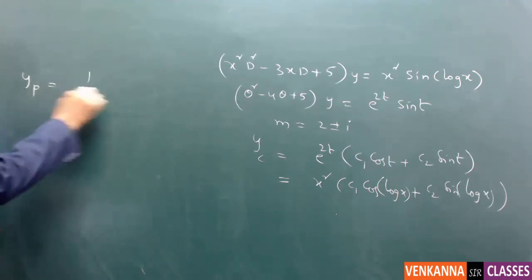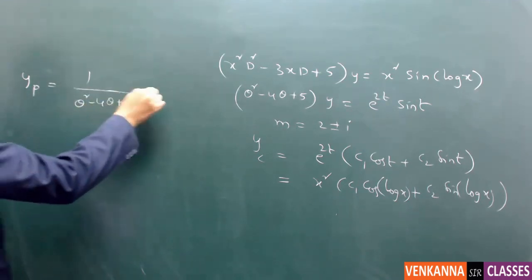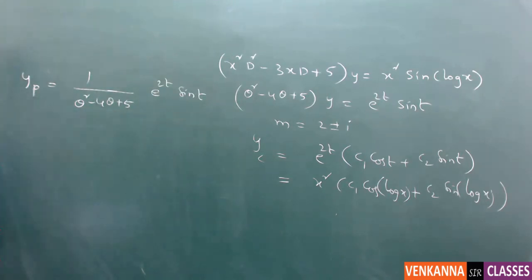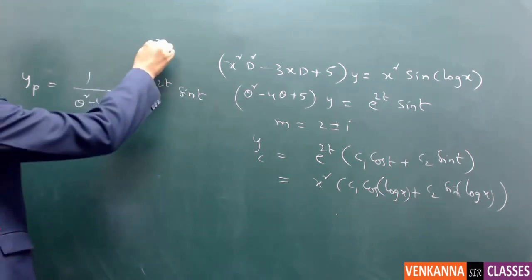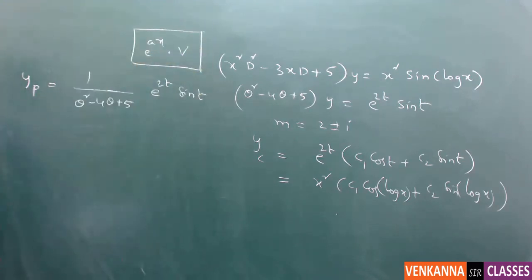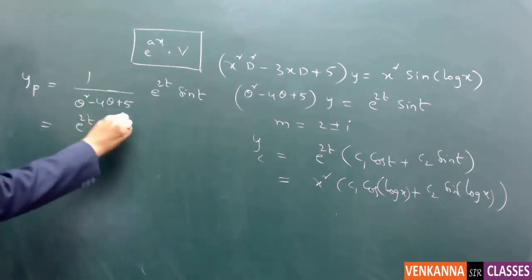So yp is equal to 1 by theta square minus 4 theta plus 5 into e power 2t into sin t. So here we are going to use the methodology that e power ax into v is of the form. By applying this, e power 2t comes to the front.